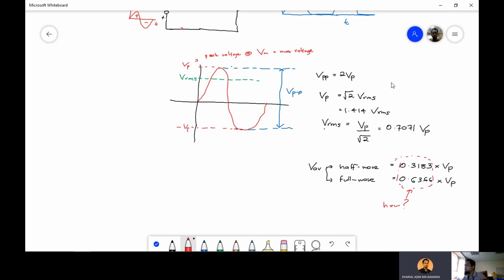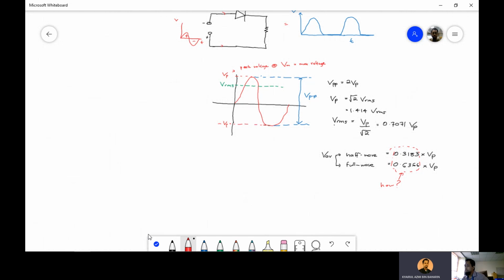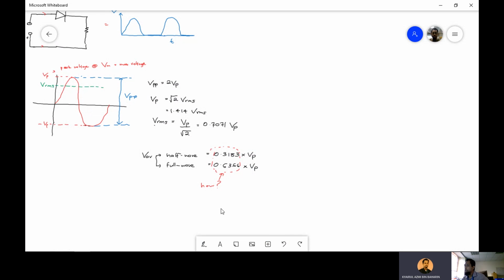So going back to the example just now, our supply is 240 volts. If the type of value is not mentioned directly, you can assume that it is the RMS value.